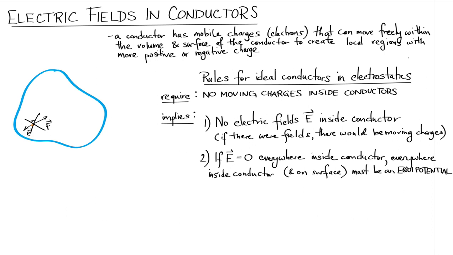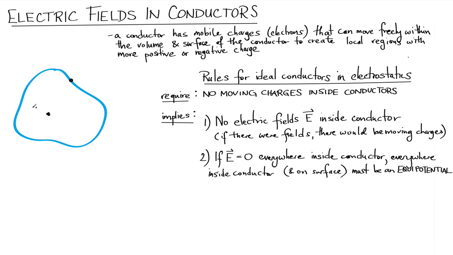If there is no field inside, and we consider the amount of work it takes to go from some point A to some point B, let's say B is on the surface, the voltage from B to A is just minus the integral of E dot dl.